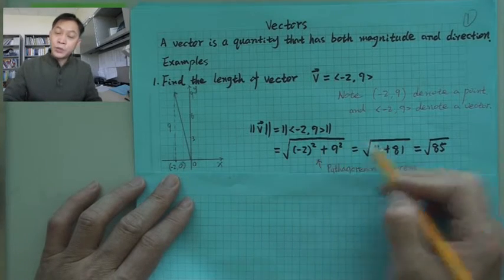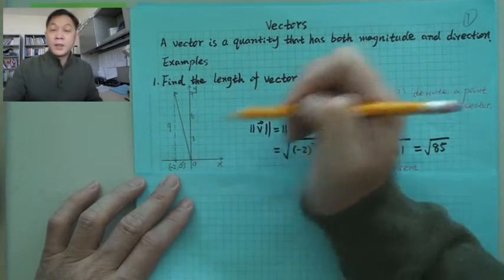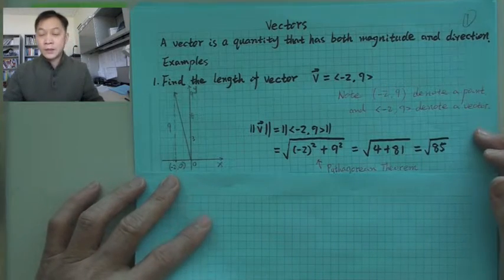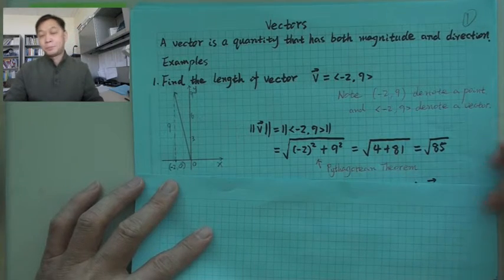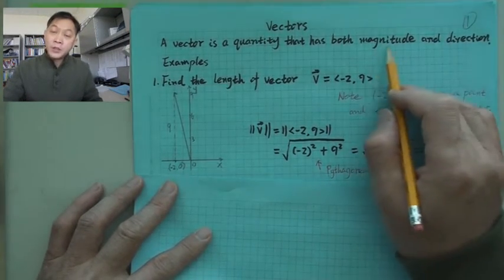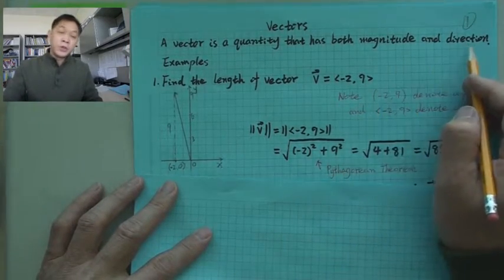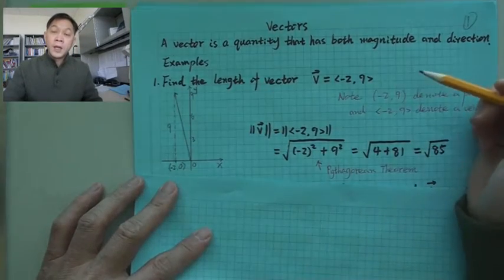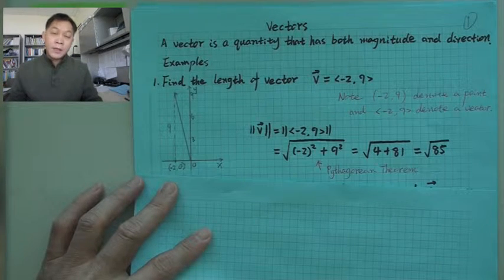Then take the square root. That will be the length of this hypotenuse, which is the magnitude of this vector. This is by the Pythagorean theorem. So it's quite easy to find the magnitude, and when you draw the vector, you also know the direction.